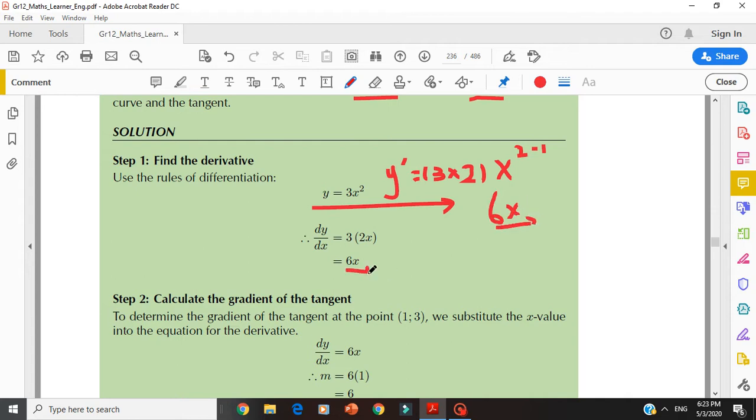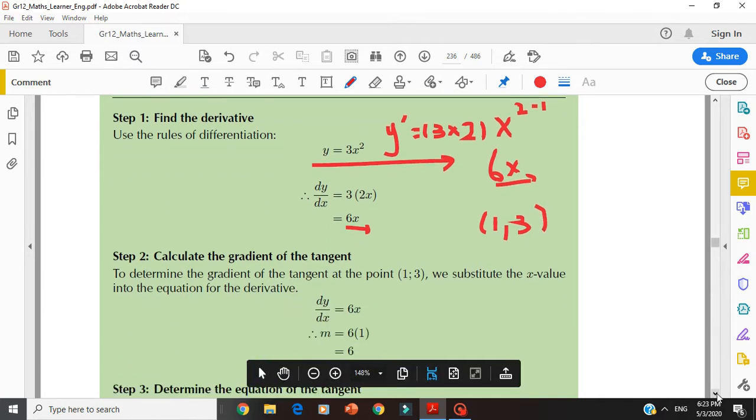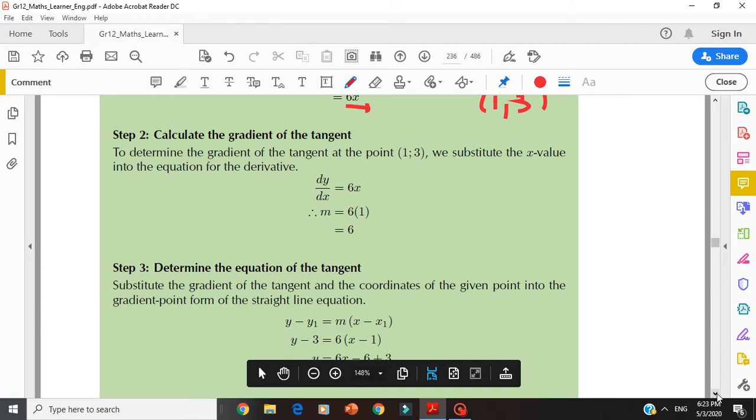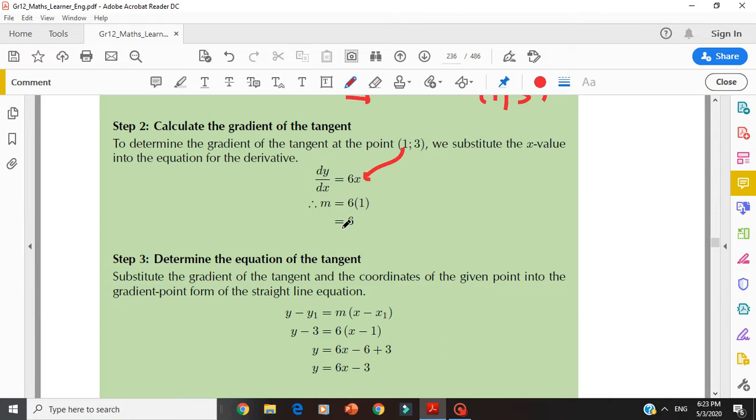Now we're going to substitute our given point, which is (1, 3). And so when I substitute x equals 1 into the equation, I get 6, and that is my slope.